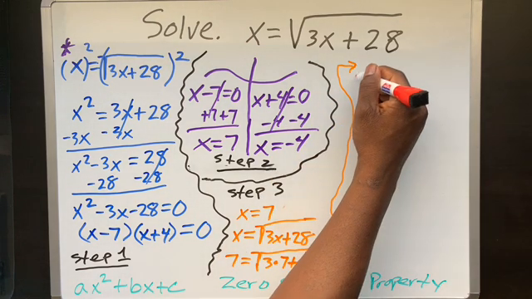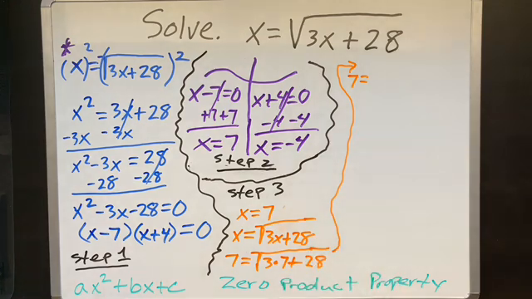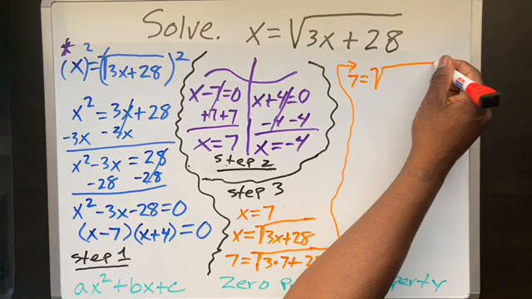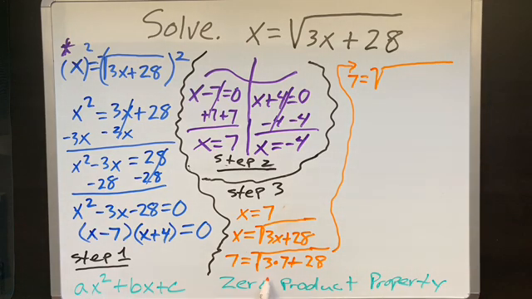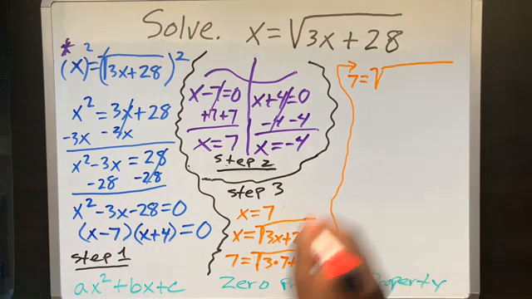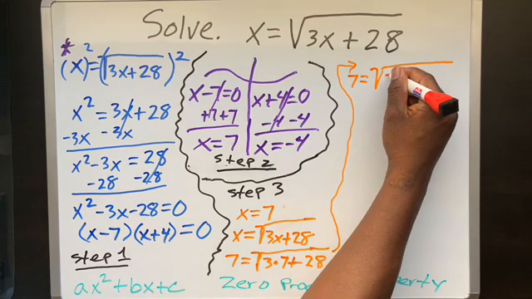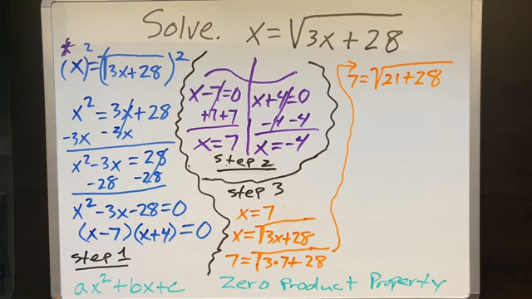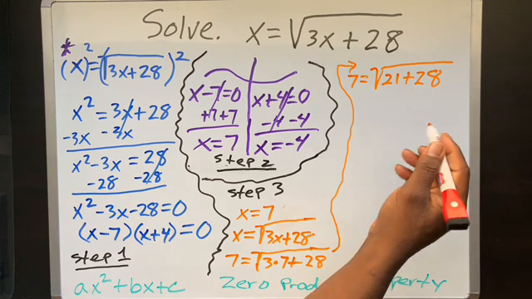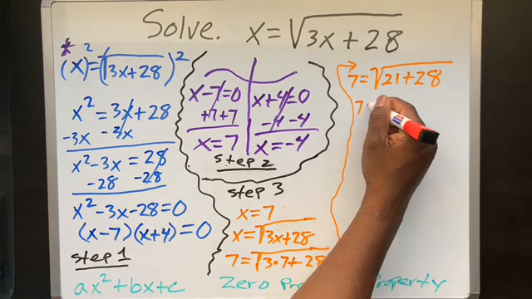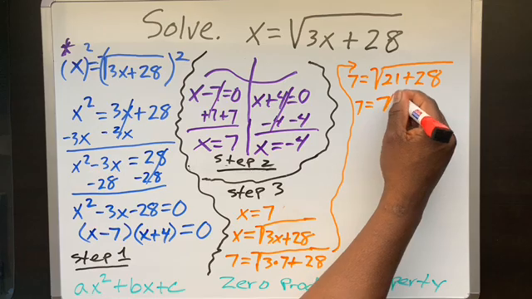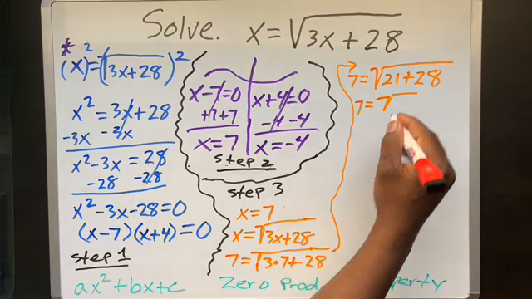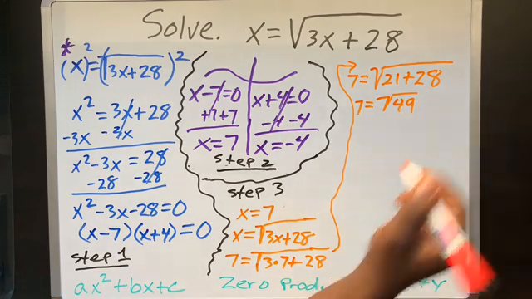We write 7 equals square root of, we get 3 times 7. So 3 times 7 is 21 plus 28. Always look and think, okay, what else can I do? I can add those numbers under the radical symbol. So I get 7 equals square root of 21 plus 28 is 49.